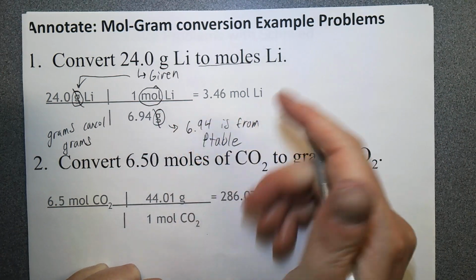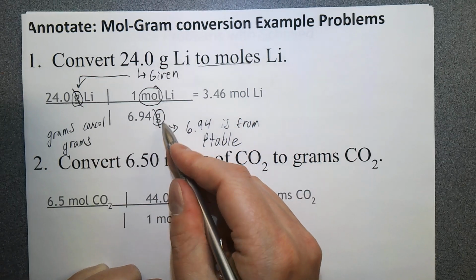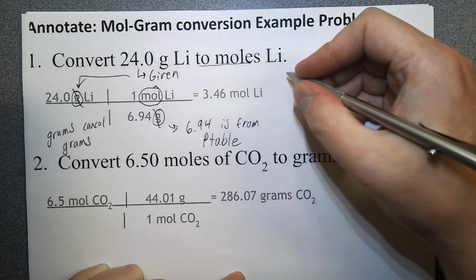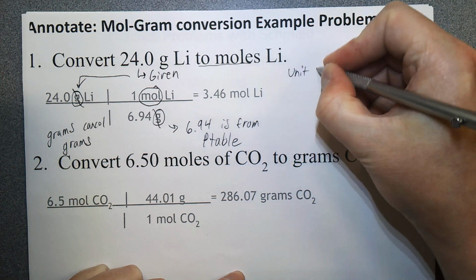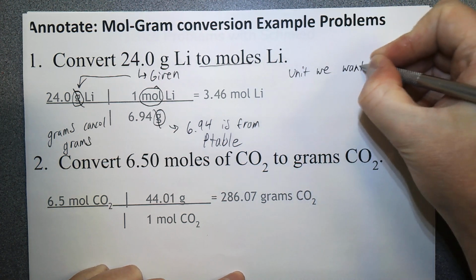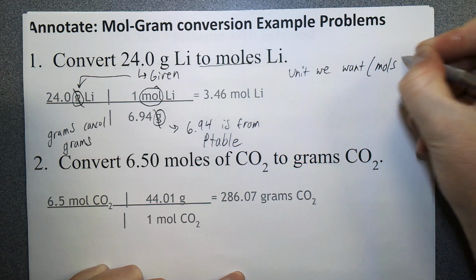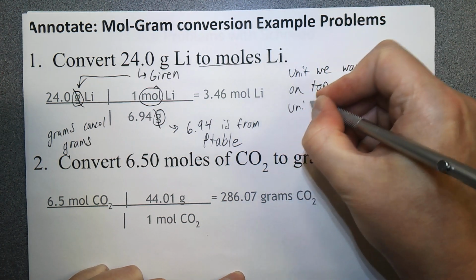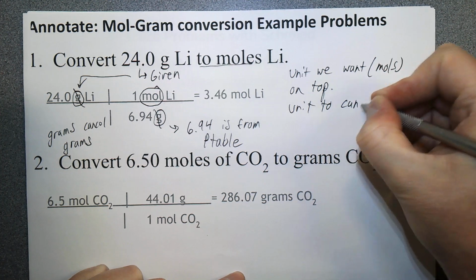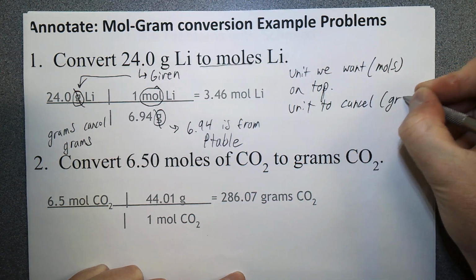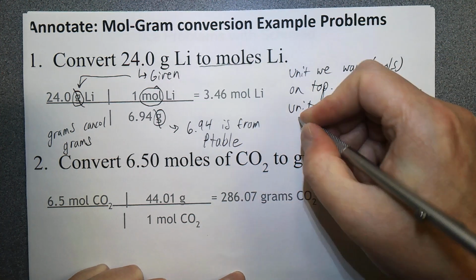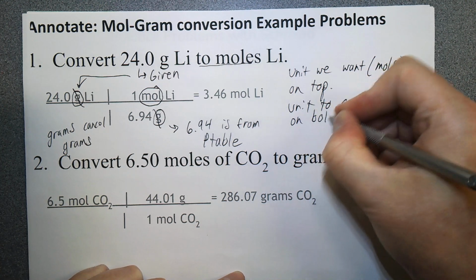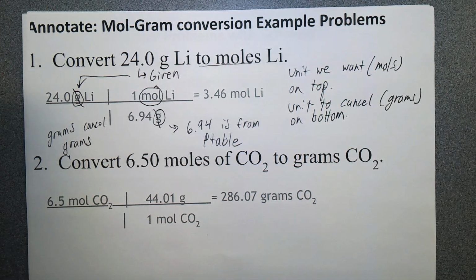So the unit we're trying to cancel goes on the bottom, the unit we want goes on top. Cool. So the unit we want is on top. Moles, the unit that we're trying to cancel, in this case grams, goes on the bottom.